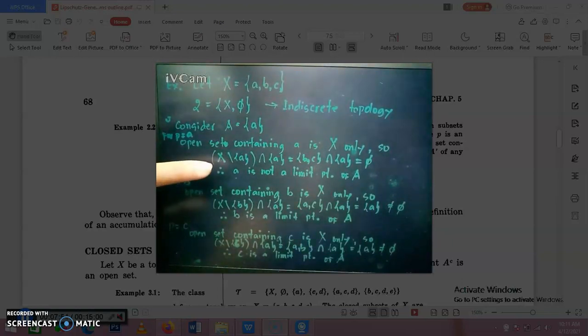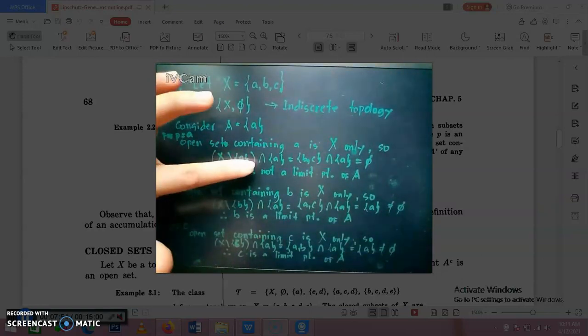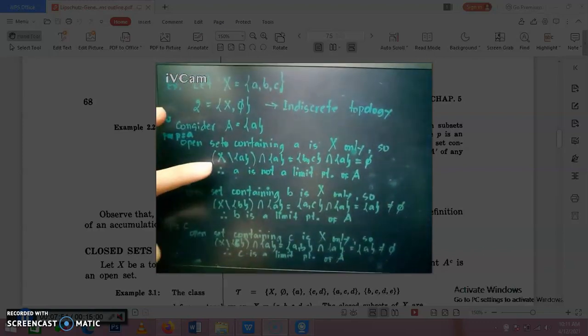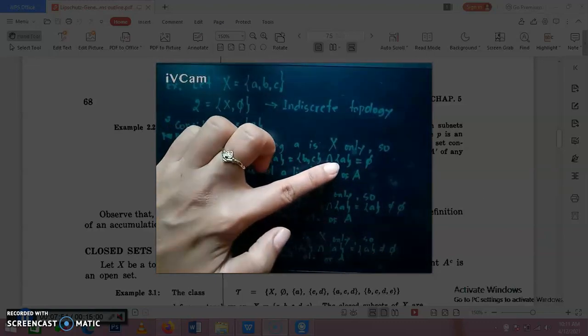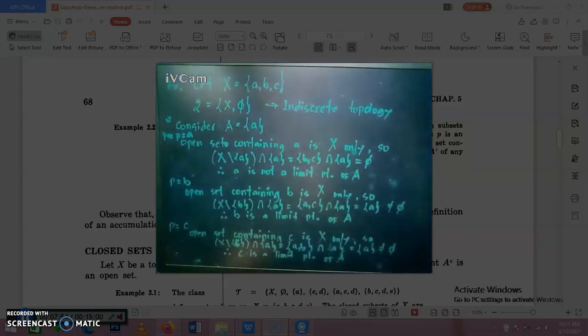This is our G in our definition, X. So we have the deleted neighborhood of A, X minus A, intersection A. We know that X minus the set A is the set BC, and the intersection with A is of course empty. So the condition is not satisfied.